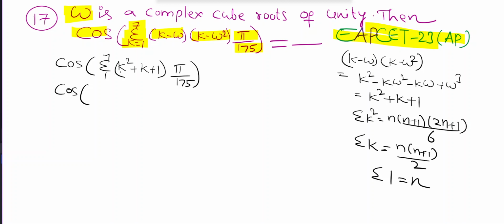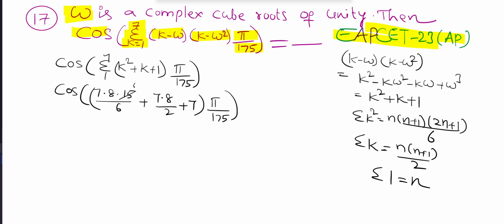N value is given 7. Substituting in this, that is 7 into 7 plus 1, 8, into 2 times 7 plus 1, 15, by 6, plus 7 into 8 by 2, plus 7, into pi by 175.